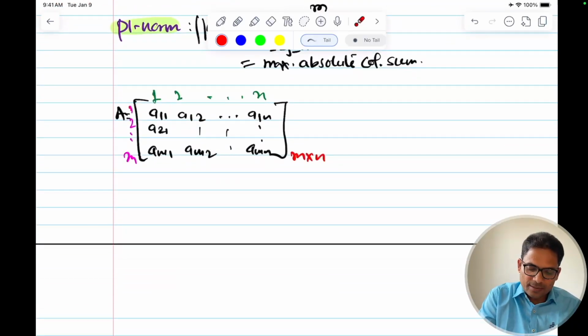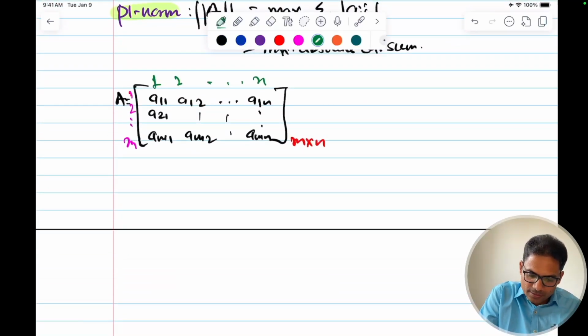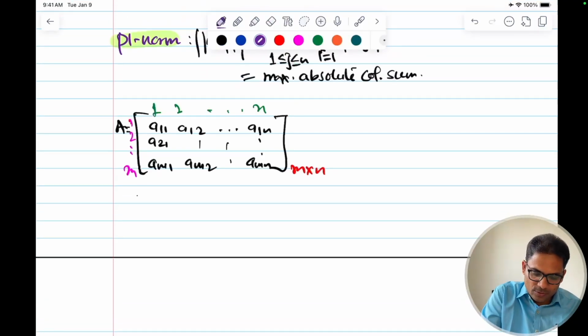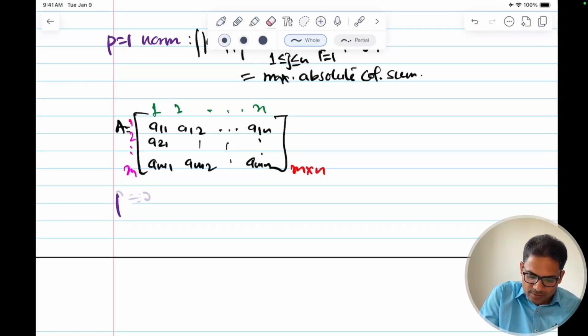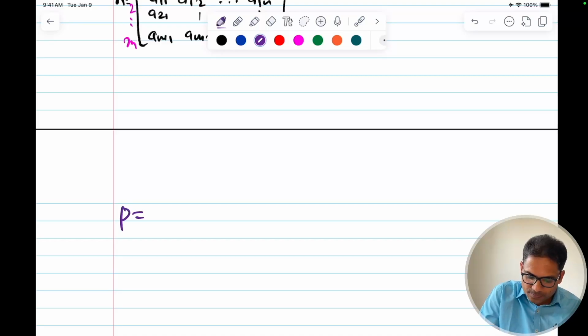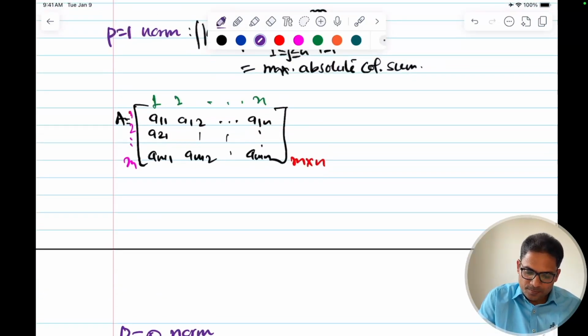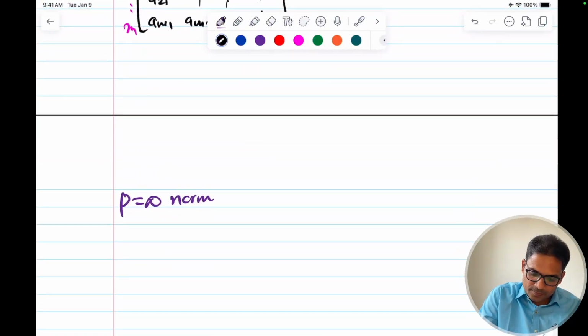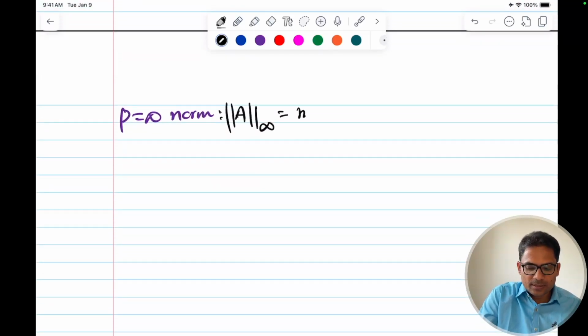Okay. Similarly, there is something called the P infinity norm. This was P equal to 1, right? Now similarly, there is P equal to infinity. Let me go to the next page for the matrix. This is given by A of infinity, and this is nothing but the sum of the rows.